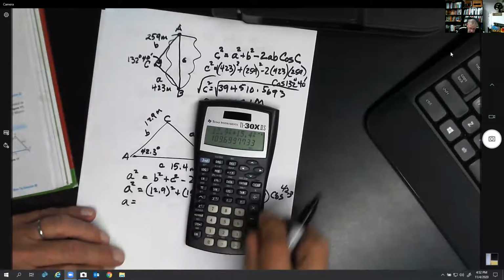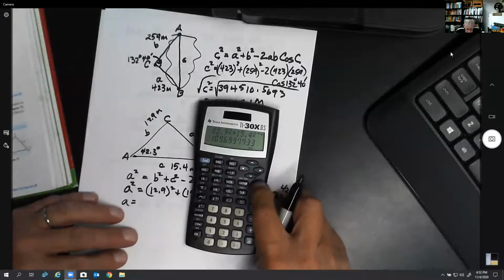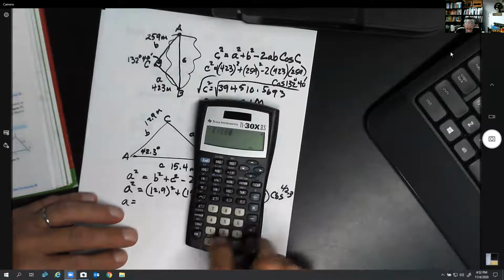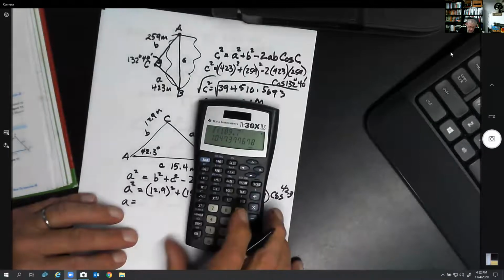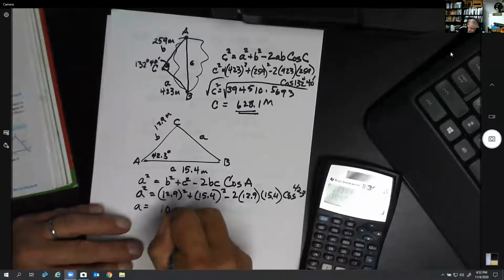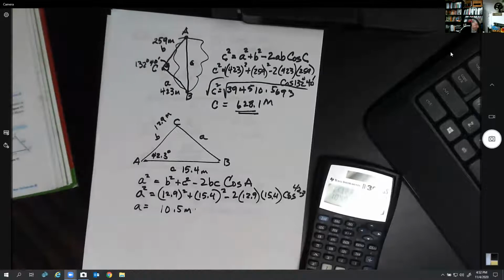So a is going to be the square root of that. 109.7. 10.47, 10.5 we call it. 10.5 meters. The book came up with 10.47. So pretty close, 10.5, close enough.